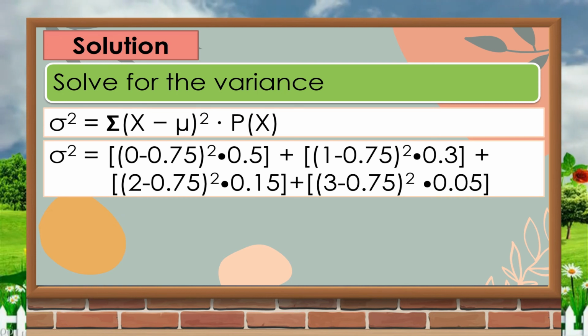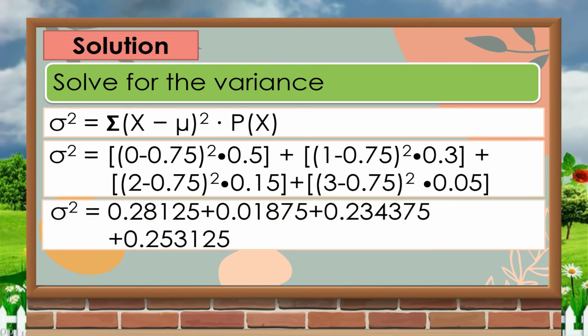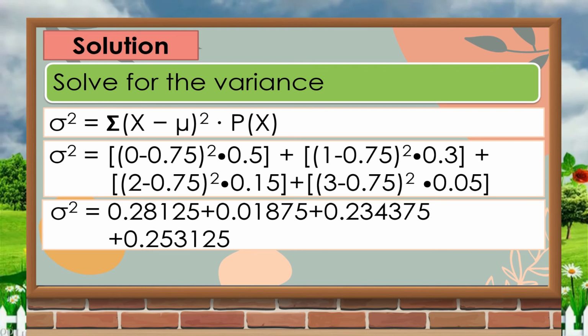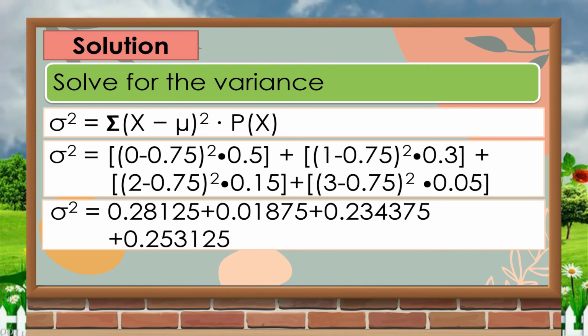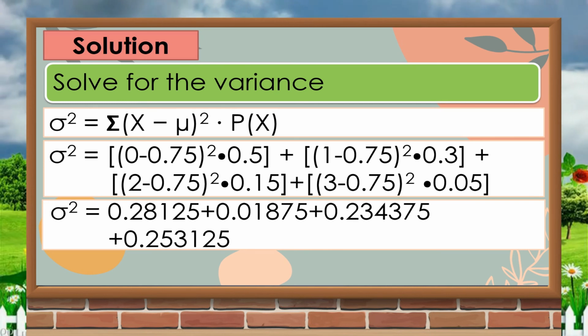Simplify each term, we have 0.28125 plus 0.01875 plus 0.234375 plus 0.253125.